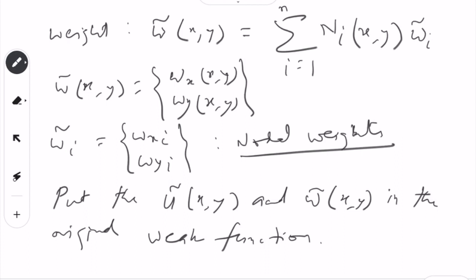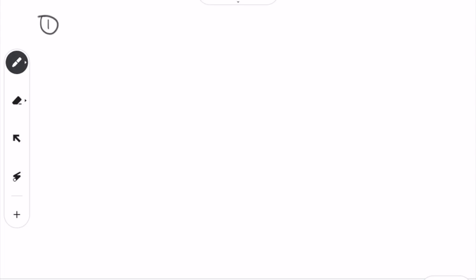So let us now start putting these values of u tilde and w tilde in the original weak function, but one term at a time. So the first term is this, okay, this t and then w tilde, t tilde, d gamma, right.